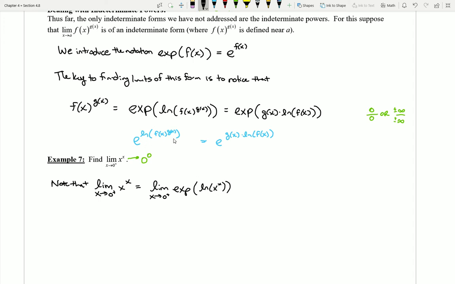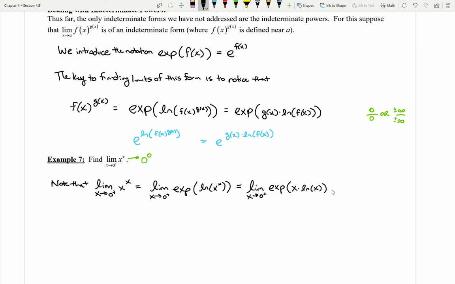So I'm making this step here, e to the natural log of x to the x. But of course, I can rewrite that using my properties of logarithms to look like the limit of e to the power of x times natural log of x.